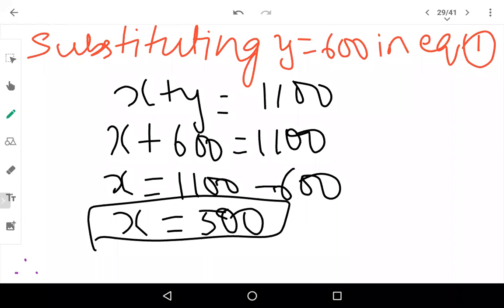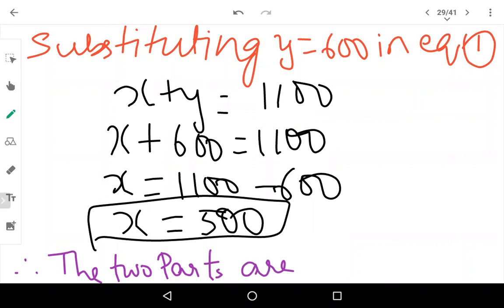What is x and y? What did we derive for x and y? Therefore, the two parts are rupees 500 and rupees 600. That's all is the conclusion.